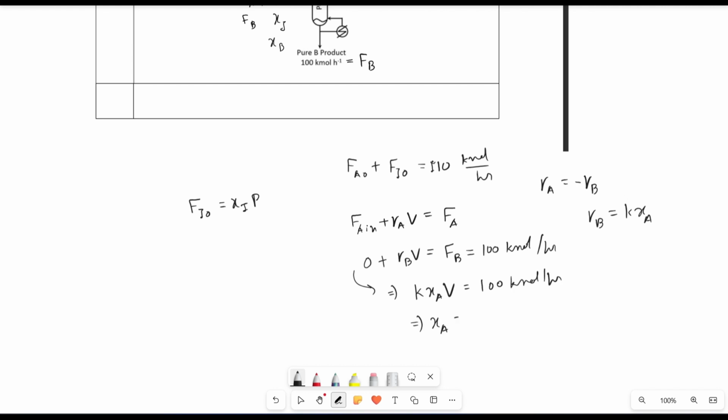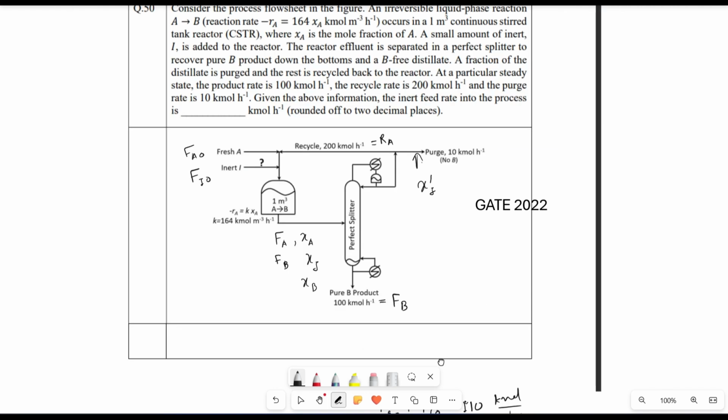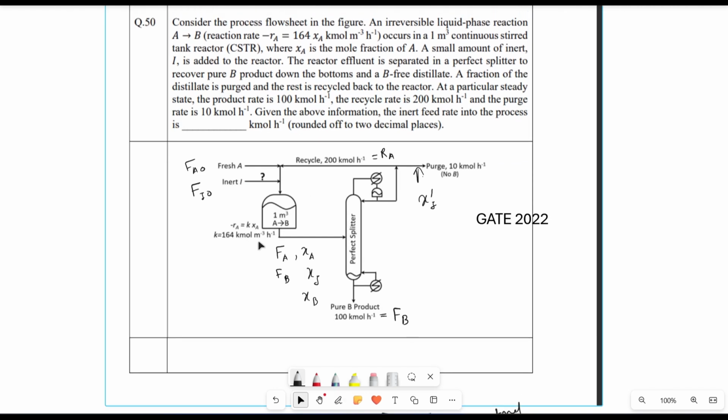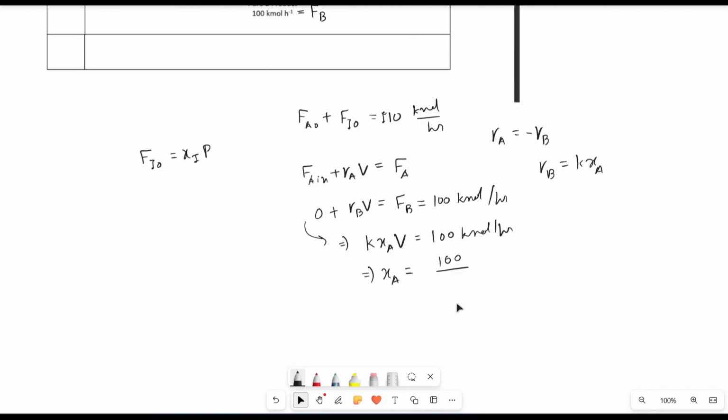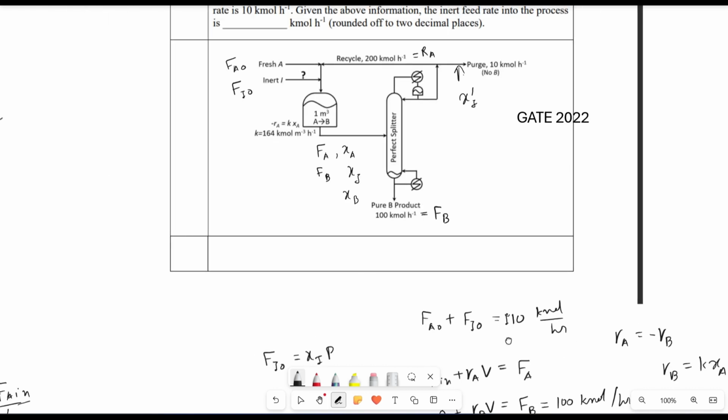Now the concentration XA will be 100 divided by K. The K value is 164 kilomole per meter cube per hour, and multiplying by 1 meter cube, XA is 100 divided by 164, which is 0.60975. This is the concentration of A.